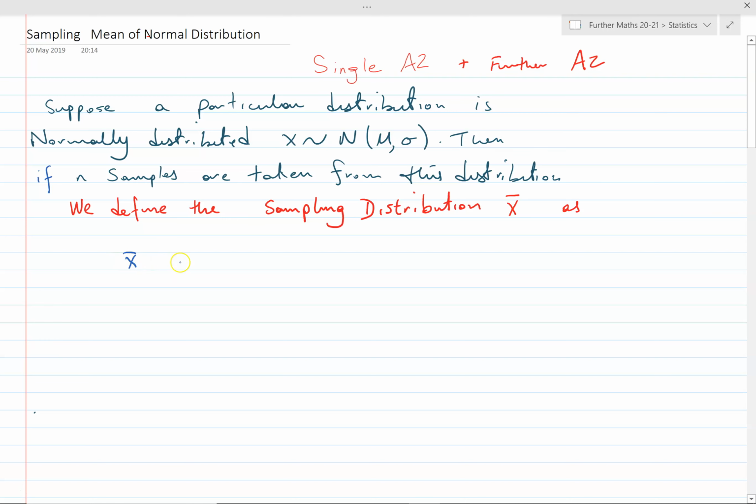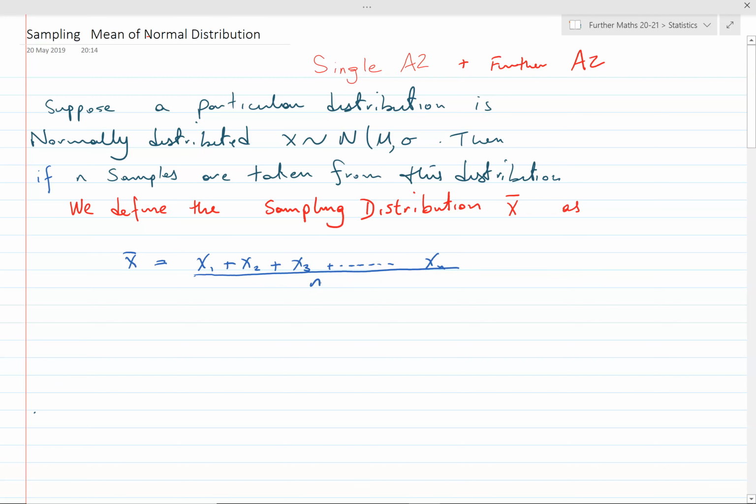is basically, suppose you were taking n samples from a normal distribution, so x1 is the first sample from this normal distribution, and x2 is the next sample, x3 is the next sample, and so on up to xn, and you were to find the mean of all of these samples.